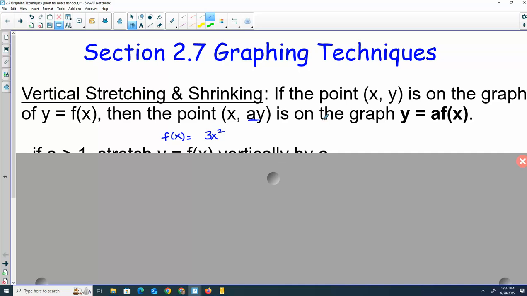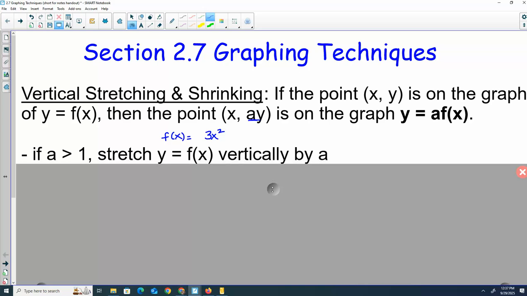Think about a parabola, so that's x squared. If I take all my y's times 3, what's going to happen to my graph? It's going to stretch. It's going to get tall and skinny. Think of it as if I take a rubber band, the more I pull it, the skinnier it gets, right? So we just get this tall, skinny parabola.